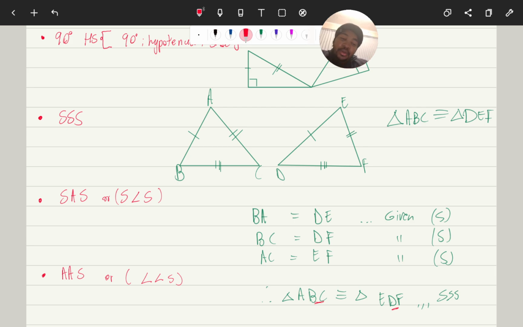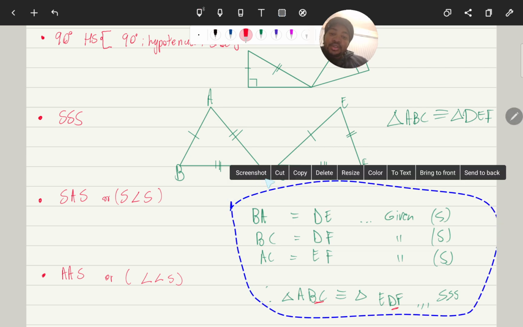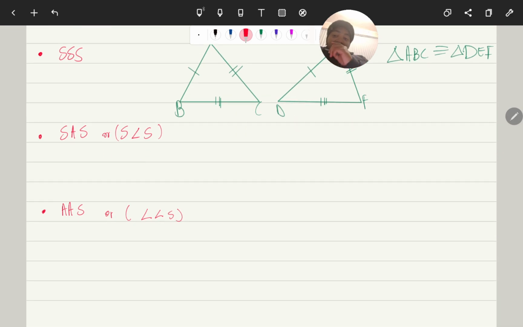Oh, okay. Because also, let me now make another example. So cut, delete. So say you have two triangles. Yeah. So with these two triangles, you find out that this angle equals this angle, right?